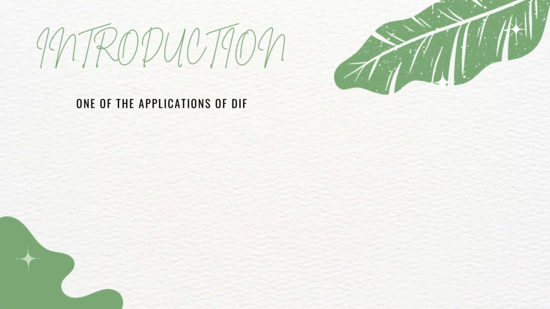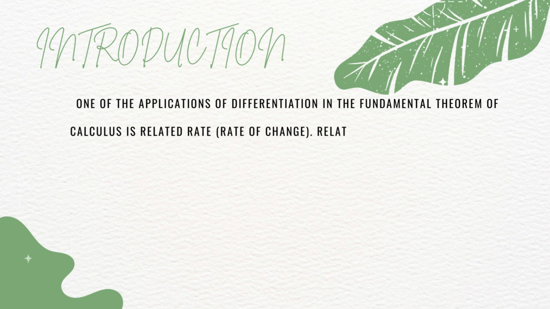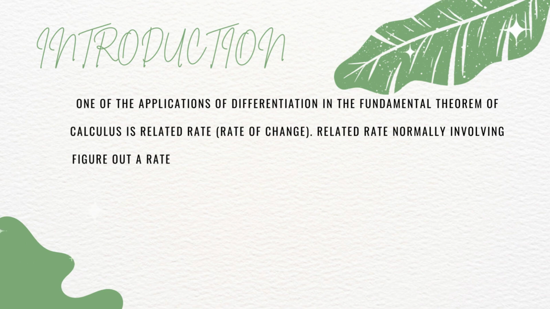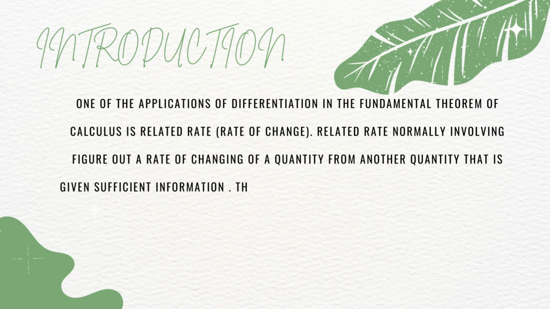Introduction. One of the applications of differentiation in the fundamental theorem of calculus is related rate, which is rate of change. Related rate normally involves figuring out the rate of change of a quantity from another quantity, given sufficient information.